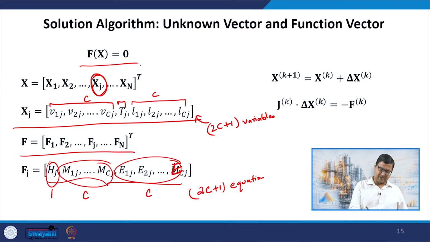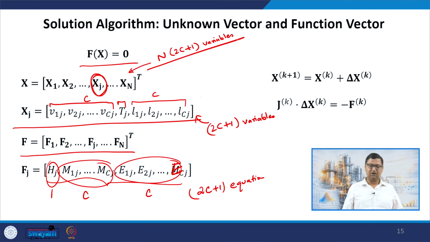So, my x vector is going to have total n into 2C plus 1 variables, but they are going to be in n blocks. We will have one block for the first stage containing these 2C plus 1 variables, then another block of the stage 2 variables, then another block for stage 3 variables, and so on. So, let me write it for the first two stages.